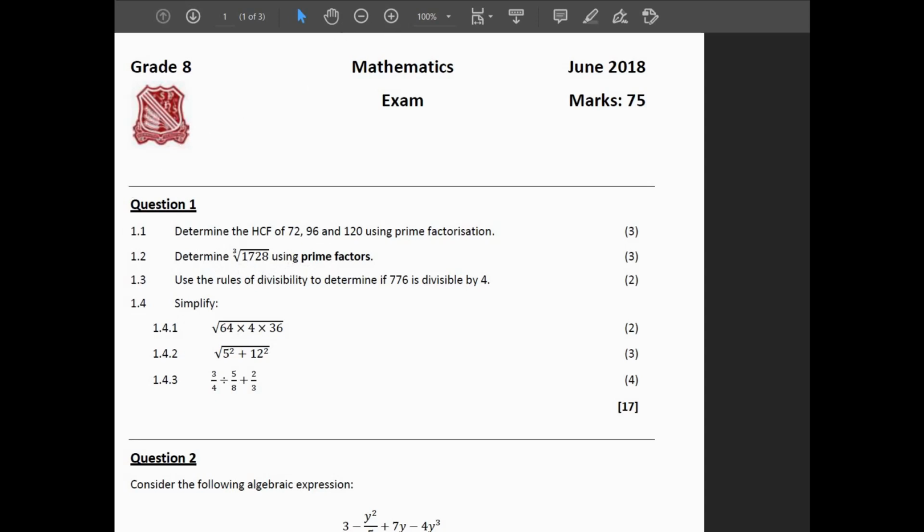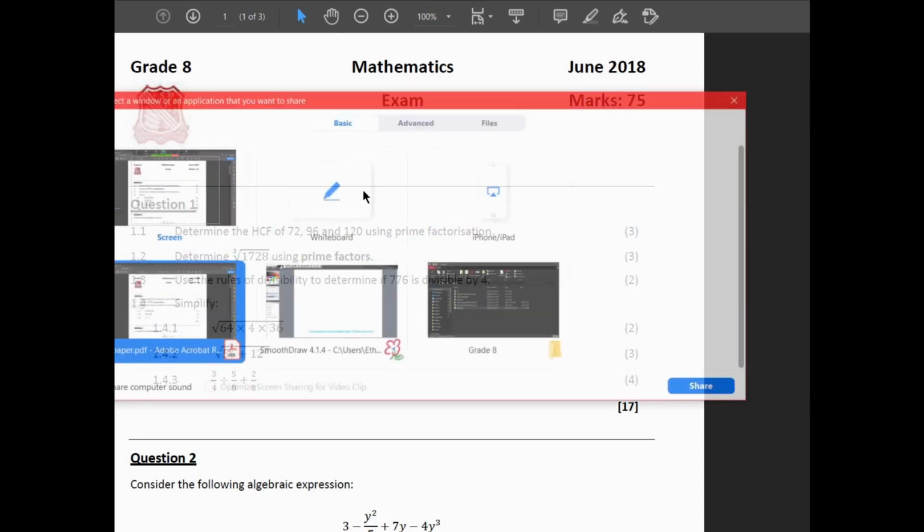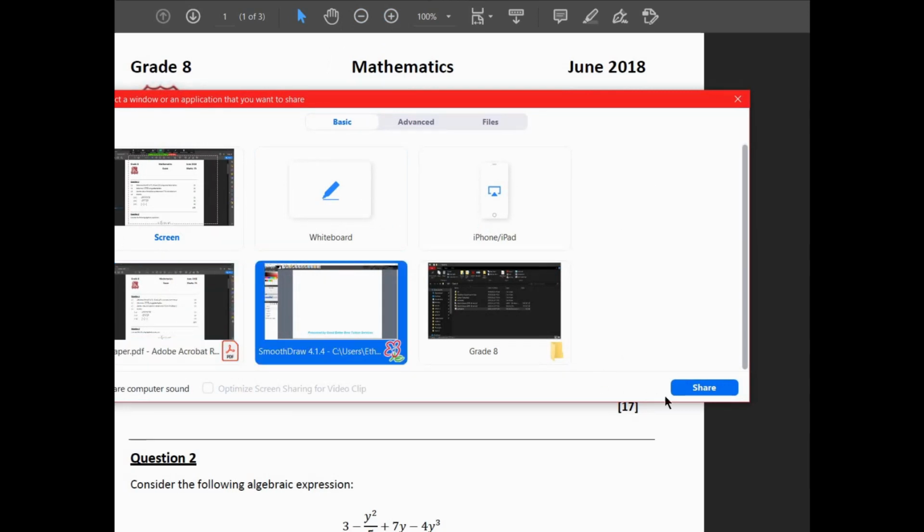Okay, so moving back over to my sheet, we're going to be doing 1.2 now, and they want us to find the cube root of 1728 using prime factors. So how do we get our prime factors for this number? We have to use the ladder method.